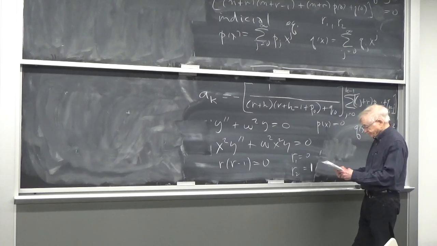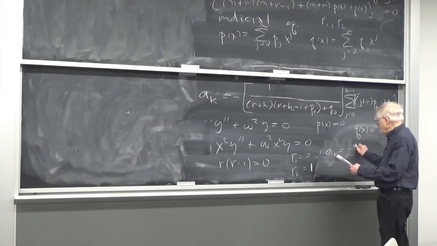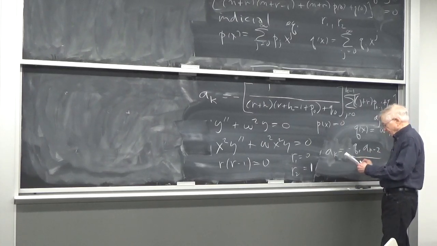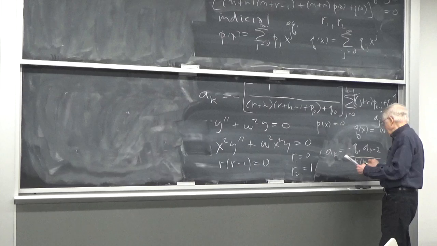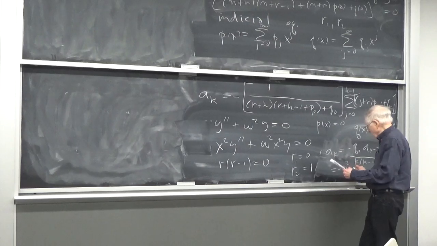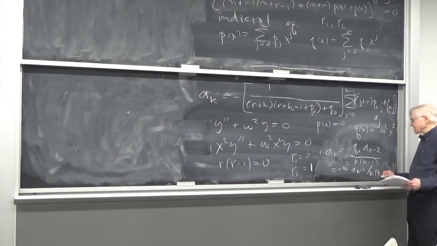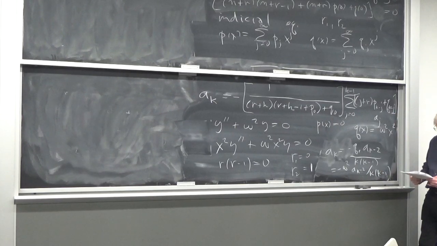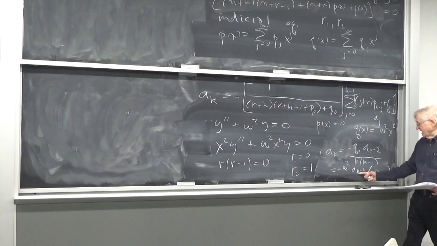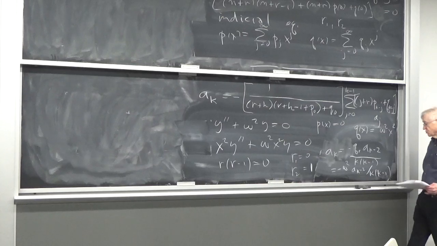It's a sub k is equal to minus q2 a k minus 2 over k minus 1, and this is then minus omega squared a k minus 2 over k minus 1. So it's a very simple recursion relation, and consequently, if a sub 1 vanishes, then a sub 3, a sub 5, and all the odd ones vanish.